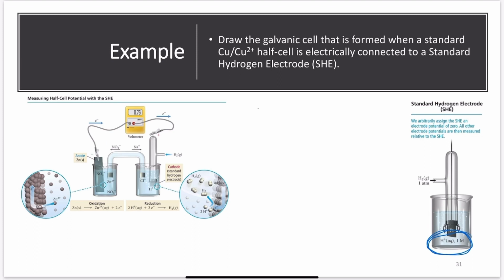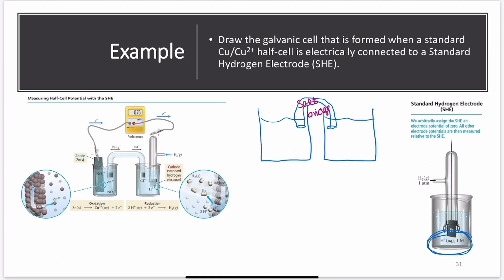If I was to draw this one out, I've got my 2 beakers, and I've got my salt bridge. I'm connecting these through my voltmeter. Now, this one is telling me hydrogen and copper.